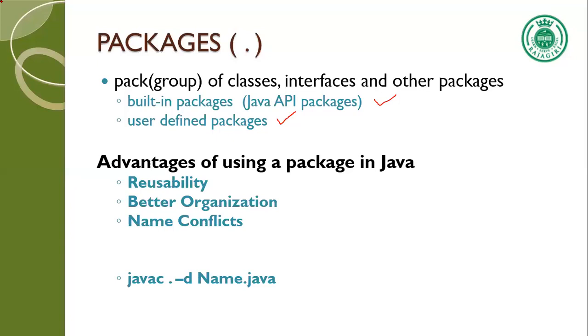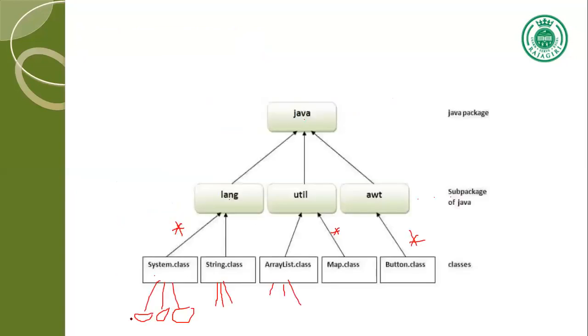The hierarchy can be very well written, and you can even avoid name conflicts, because look here, I can have a method called add over here, I can have a method called add over here, I can even have a method called add in string. You can have a method called add in system and even add in string. So if I want to call the add method in system, I will write import java.lang.system.add.